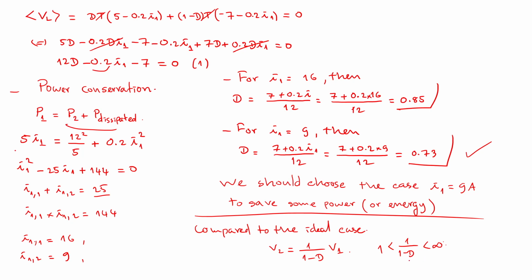So from this relationship, we say, well, as long as I use D close to 1, I get the denominator close to 0, which means this ratio is close to infinity. So if you increase the duty ratio from 0.73 to 0.85, you get a higher output voltage, right?